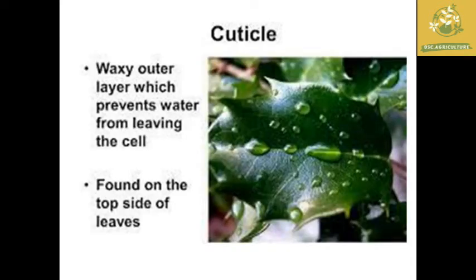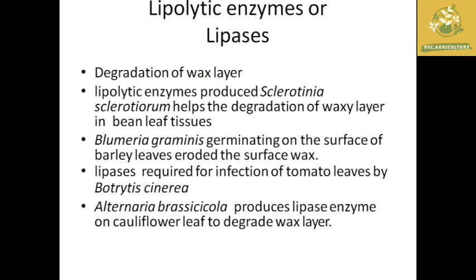This is the picture of the cuticle, where you can see a waxy outer layer which prevents water from leaving the cells, and is found only on the top side of the leaves, the cuticular layer. The lipolytic enzyme or lipase is produced by the pathogen and degrades the wax layer surrounding the leaf.